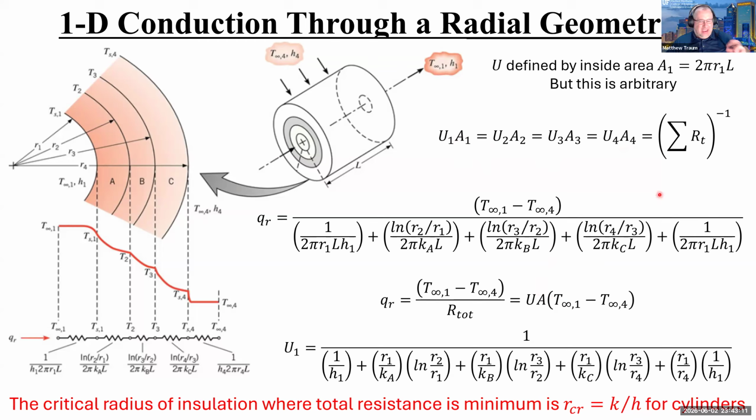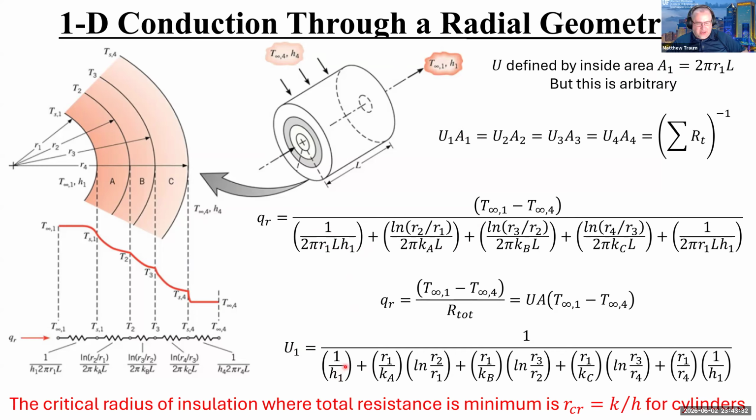They're just the inverse of resistances, right? And it turns out that U is defined by just one of these areas, but that selection is arbitrary. So you can basically take any one of these and pull out the equivalent U, and then you just have to multiply by the right radius, and you get back to the appropriate U value.